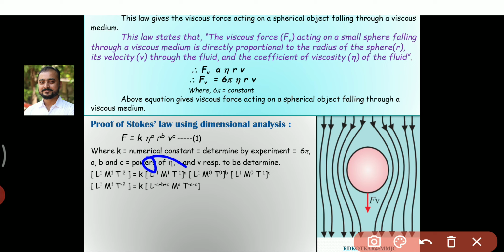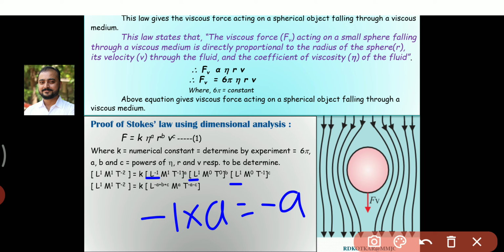So in the next case, we are multiplying the powers. Here minus 1 multiplied by A becomes again minus A. For each term, suppose in case of L, we have minus A in the first bracket. In the second bracket, for L, 1 multiplied by B should be B again.